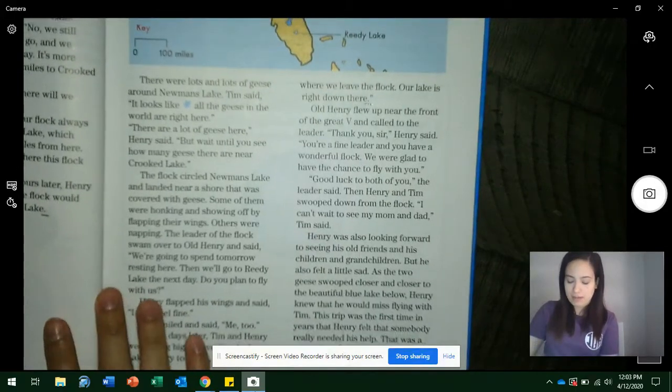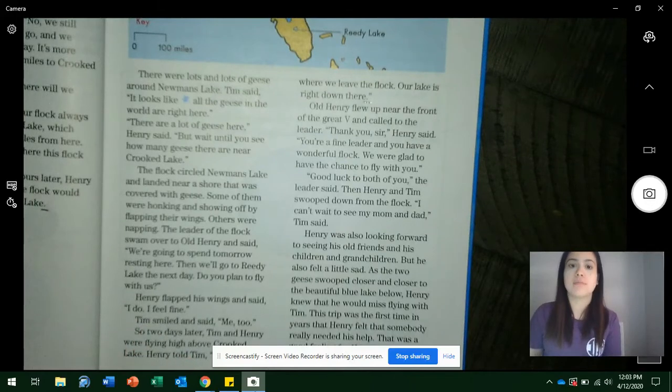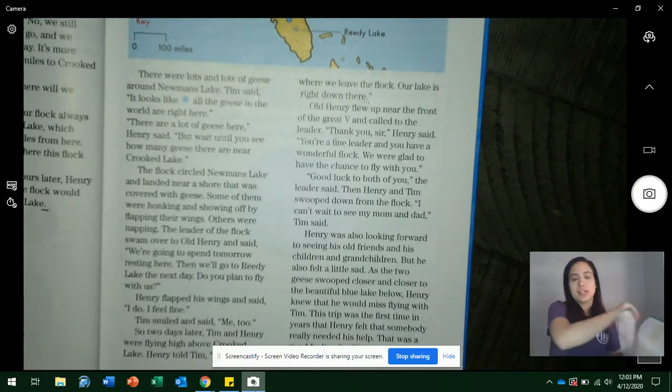So, everybody, who did Henry talk to before he and Tim left the flock? Get ready. Yeah, the leader. They thanked the leader for allowing them to fly with them. So who was Tim looking forward to seeing? Get ready. Yeah, his parents, his mom and dad. Who was Henry looking forward to seeing? Get ready. Yes, his grandchildren, his children, his friends, right?